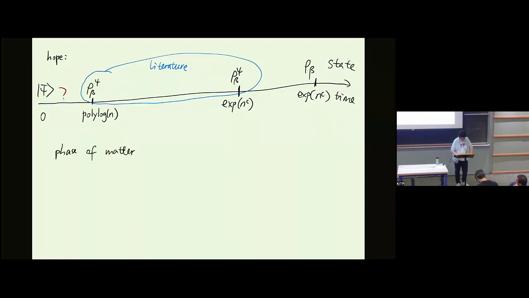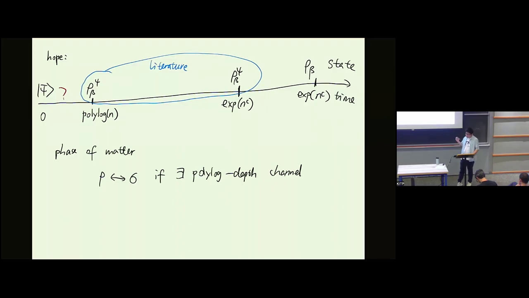So there are many definitions, but let's take the simplest definition that two mixed states are in the same phase if there exists maybe a polylog depth sequence of channels that connects rho to sigma and vice versa, sigma to rho.